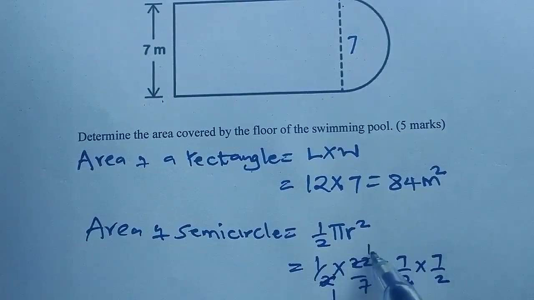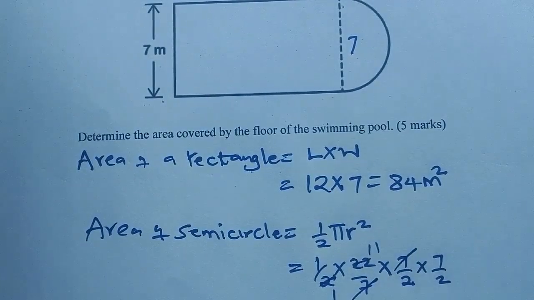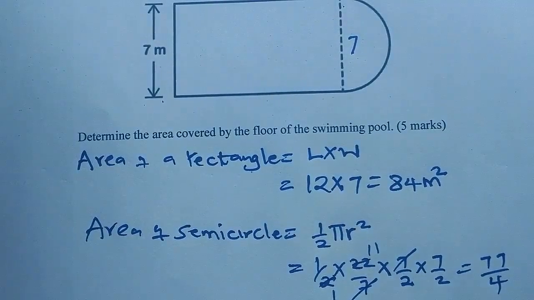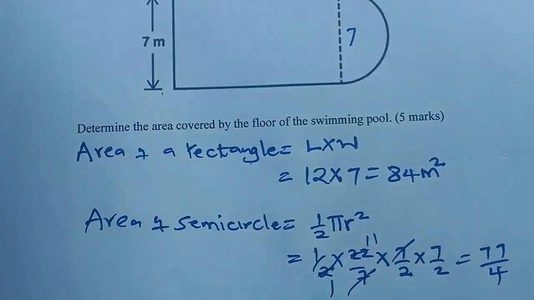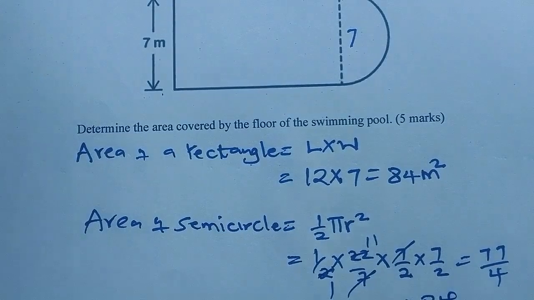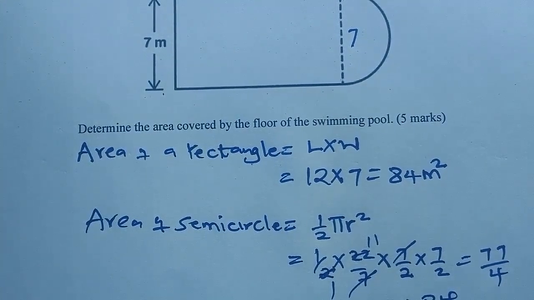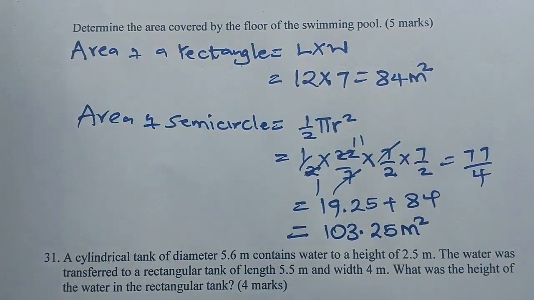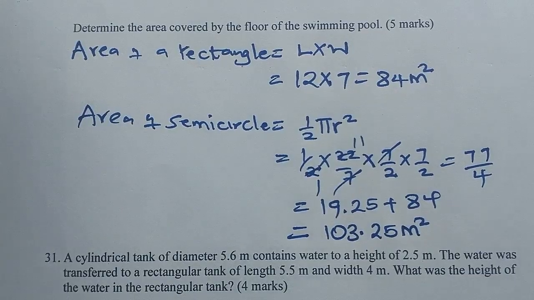So this is 77 divided by 4, which is 19.25. Plus 84. So the total area is 103.25 meters squared.